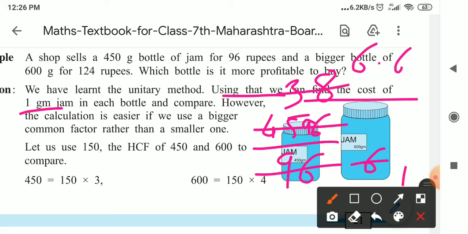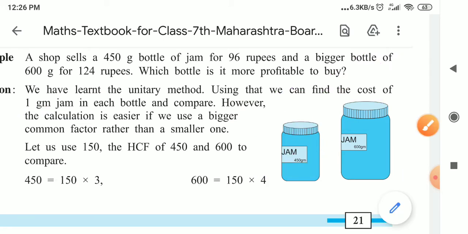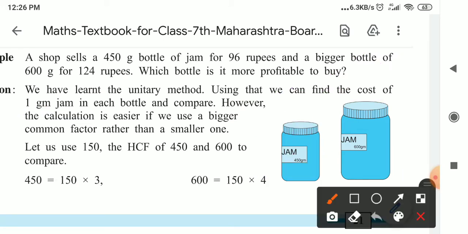So approximately 6 rupees is the cost for 1 gram. However, that calculation was not easy because this number is not completely divisible. This 450 is not completely divisible by 96. So 6.6 something will come here.